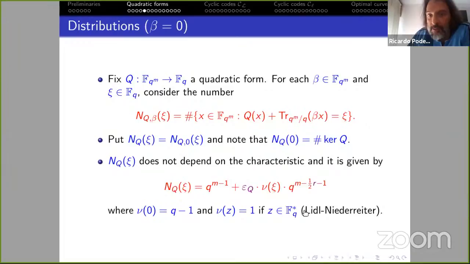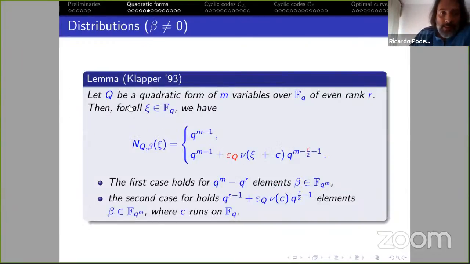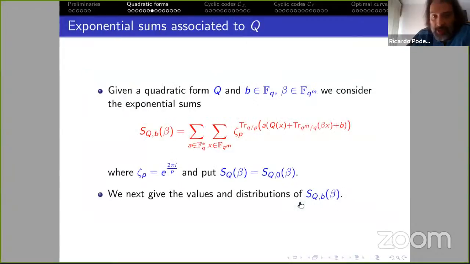One can find this in the Lidl-Niederreiter book. Okay, it's this number here, nu, which depends on whether the element is 0 or not, but we can compute it. In the case beta is not 0, it is given by Klapper. Okay, this number takes these values, and this is the distribution. Actually, this value is taken for this amount of elements, and the second case holds for this amount of elements.